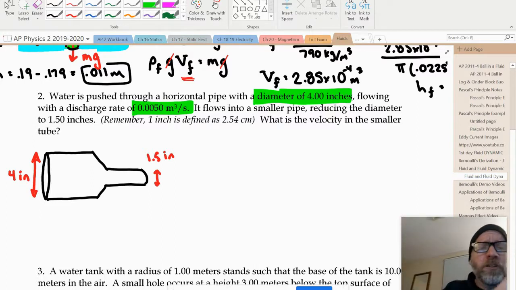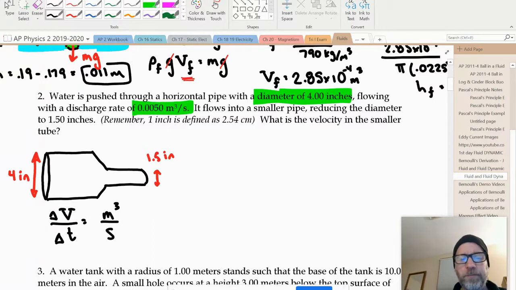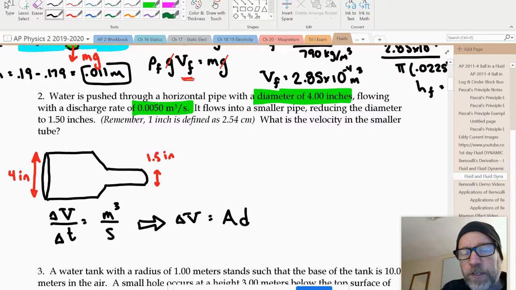So discharge rate. Now the units for that are meters cubed per second. So that to me is clearly the change in volume divided by the change in time. Okay, now change in volume is going to be the area times the displacement divided by time. Oh, that's right.